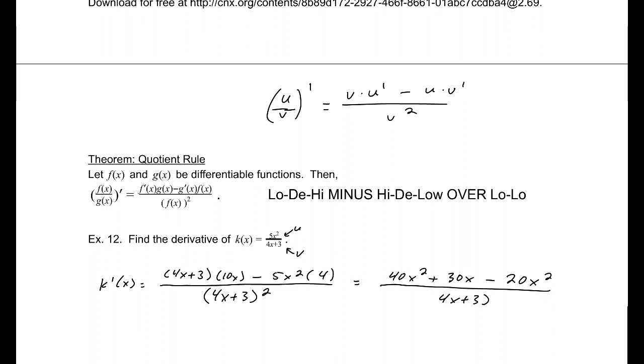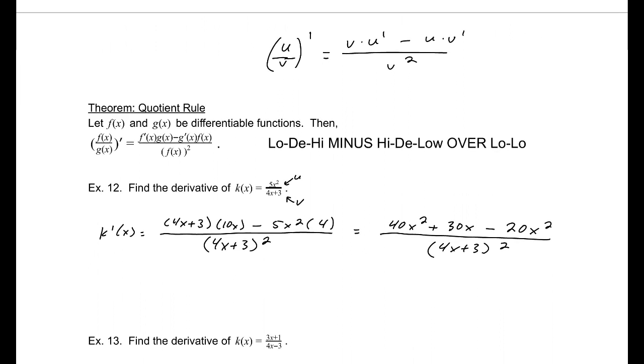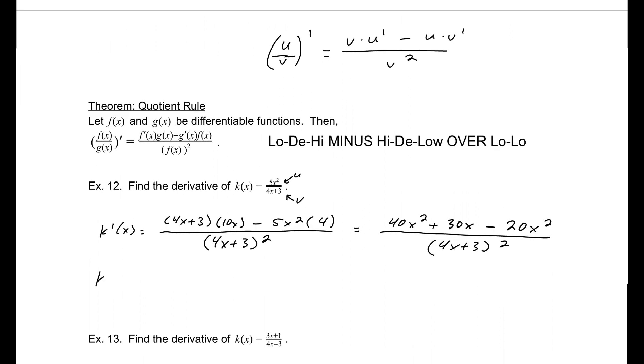plus 3 squared. I'm going to combine like terms and factor the numerator. All right, if I combine like terms and factor out a 10x, that would be a 20x squared. So 2x plus 3 over 4x plus 3 squared.